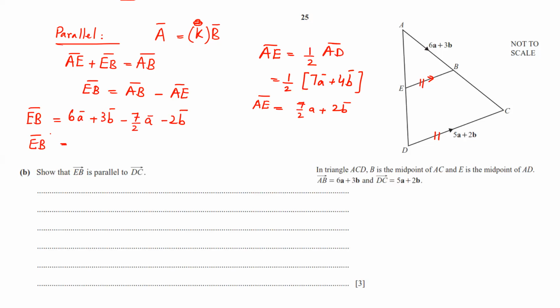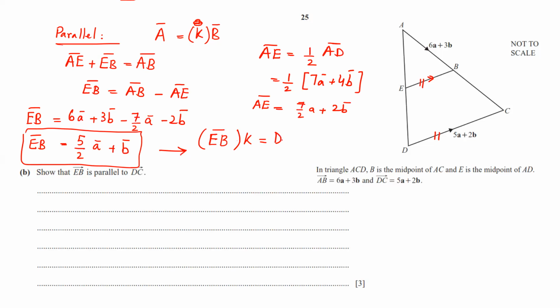So EB vector is equal to 5 by 2A plus B vector. Okay, so this is my EB vector, and if I multiply EB vector by a factor k, when does it become equal to DC?